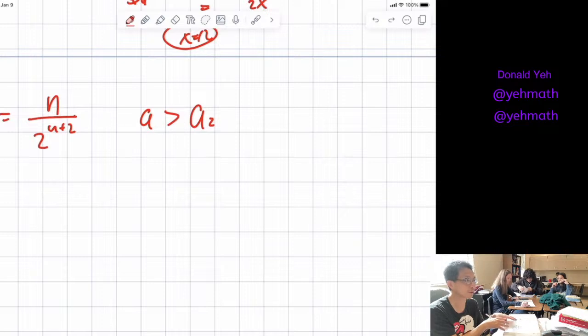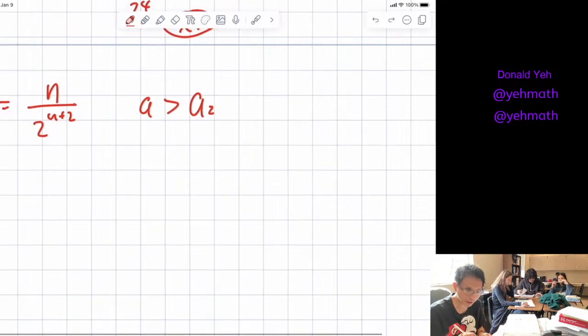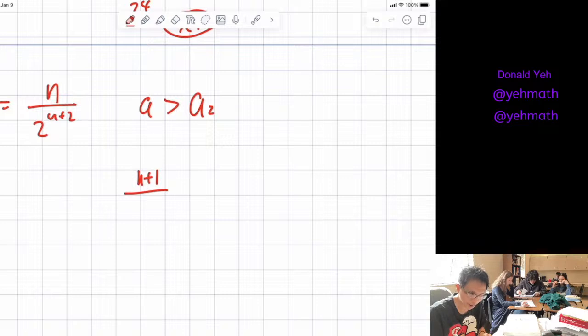That's in the textbook, so you can use that. So you're going to have n plus 1 here. So if it's n plus 1 over 2n plus 2, sorry, this one is n plus 3, right? So this one is going to be less than n over 2n plus 2.